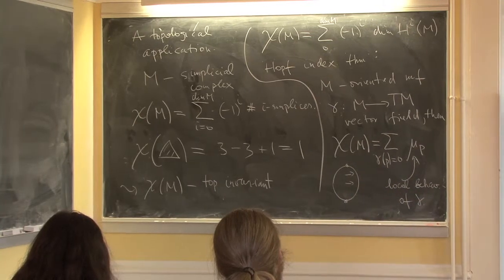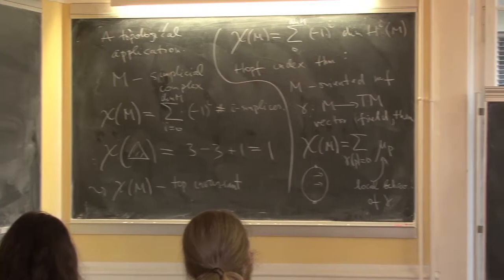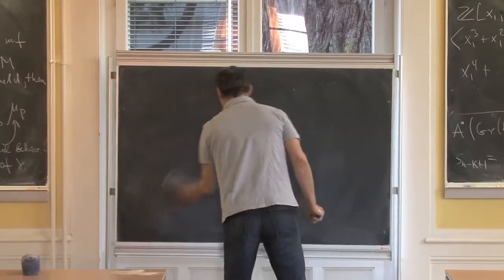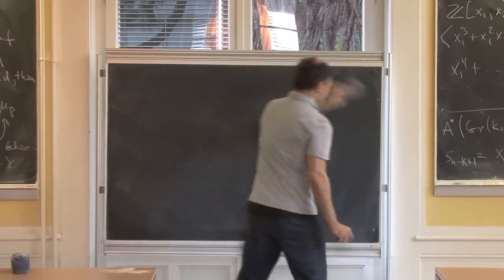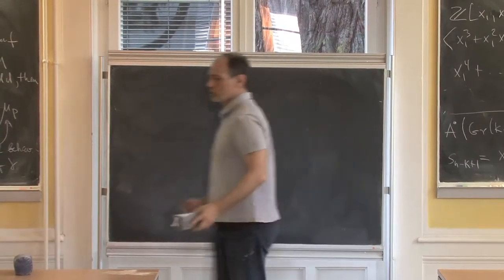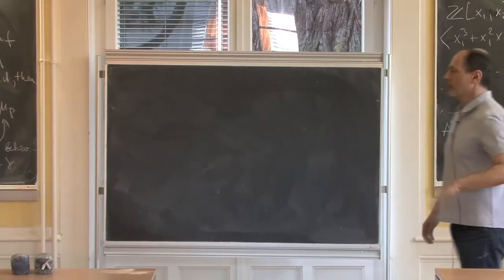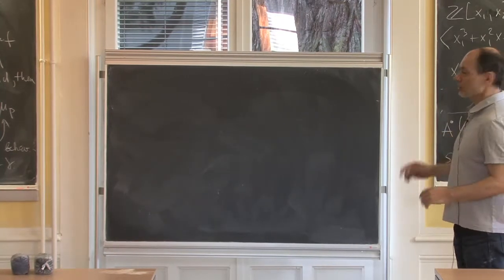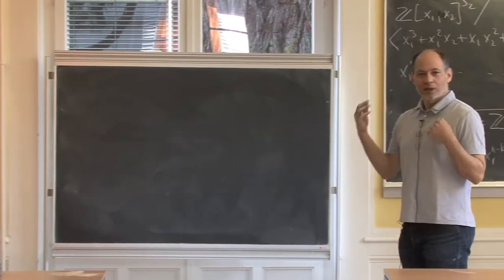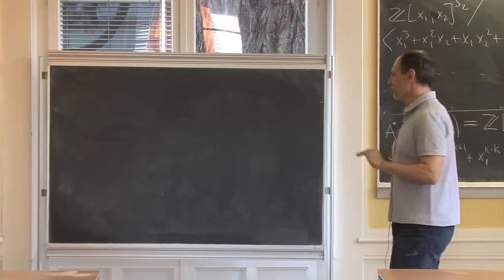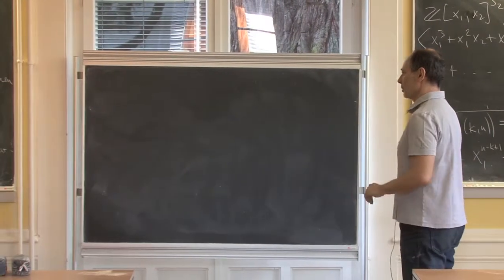But it's clear why this is important for us now. It's not so surprising. I just want to give you a formula. I'm jumping through some things here, but I assume that you know what the Euler characteristic is. The actual proof of this is a little more involved, and I don't want to do it.